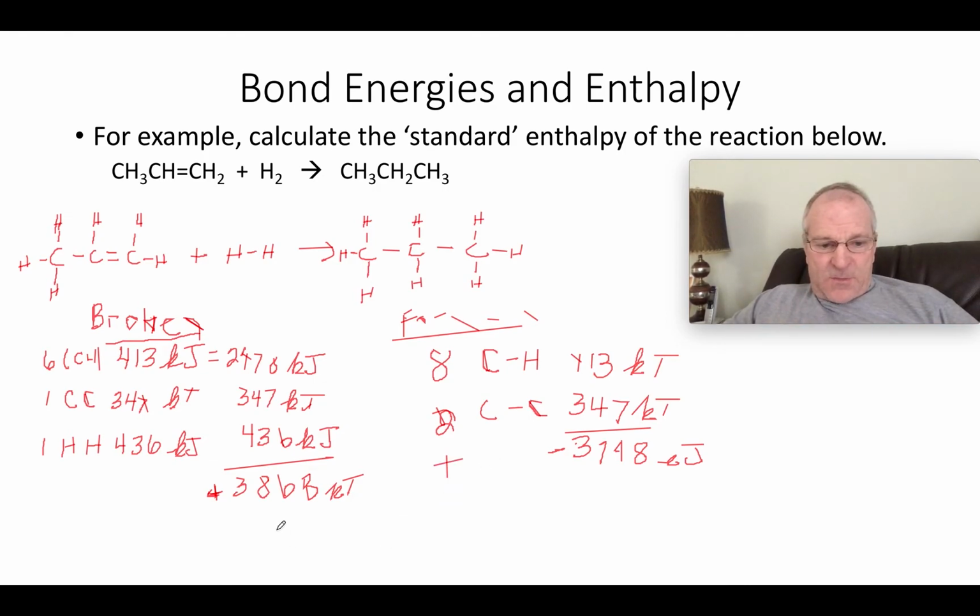And that turns out to be delta H equals negative 130 kilojoules per mole.